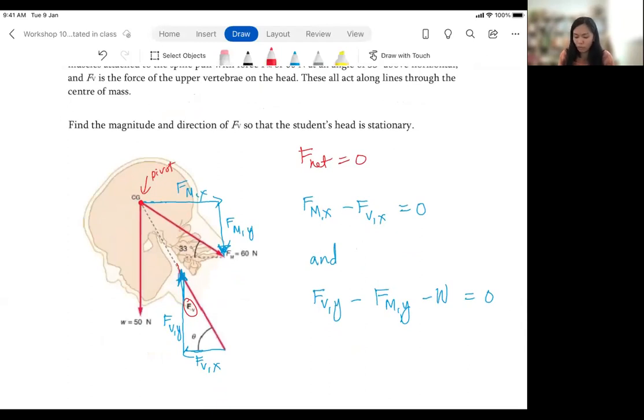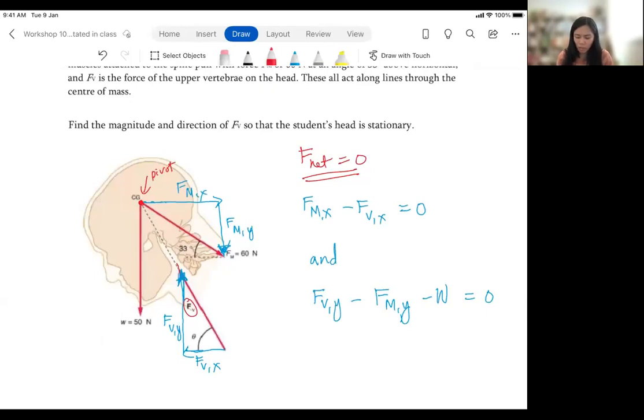So you cannot solve question 4 by using torques. The only way to solve question 4 is to use net force equal to 0. But for that, you have to break down the diagonal forces into horizontal and vertical components.